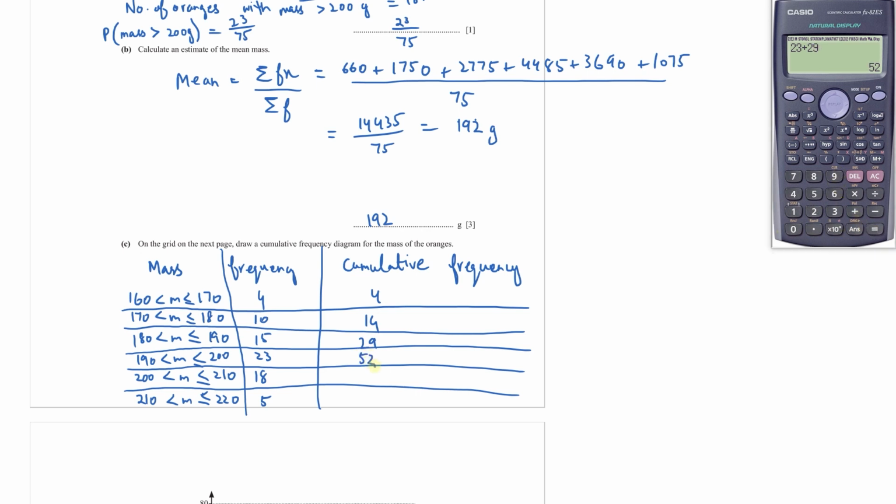And then 18 plus 52 is 70 here. And then you have 70 plus 5, which is 75. So 4, 14, 29, 52, 70, and 75.